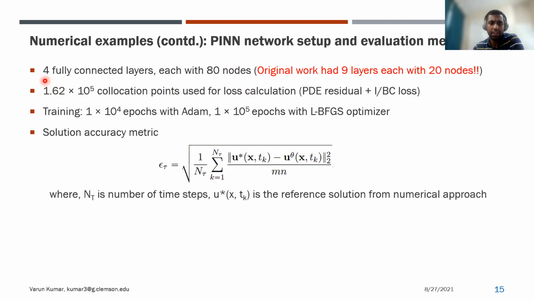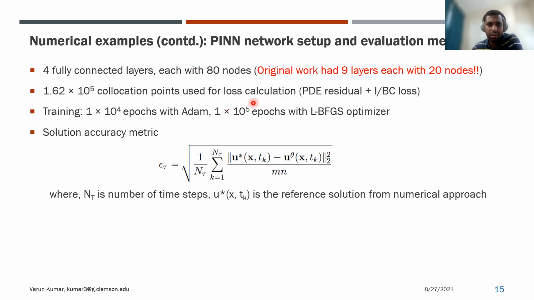In this case, they're using 4 fully connected layers, each with 80 nodes, for the PINN setup. When I went back and looked at the original work, it had used 9 layers, each with 20 nodes. So there is some disparity between what they used here and what was done in the original work, but I'm not sure if that is the reason for the results that we will see next.